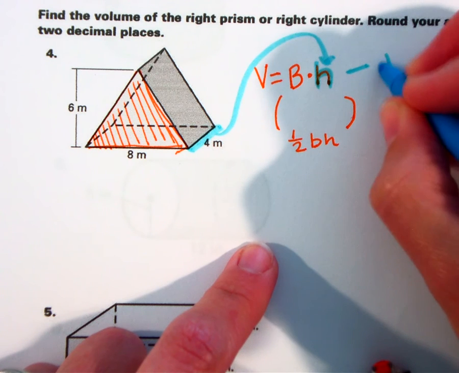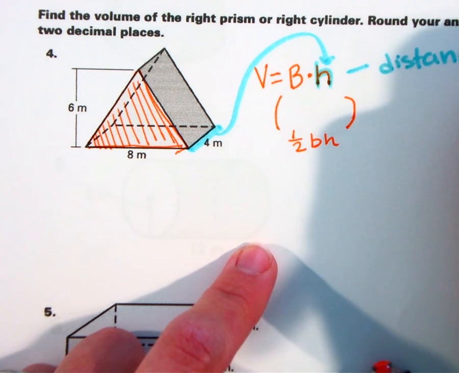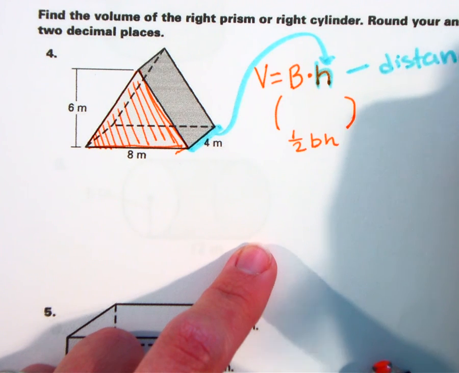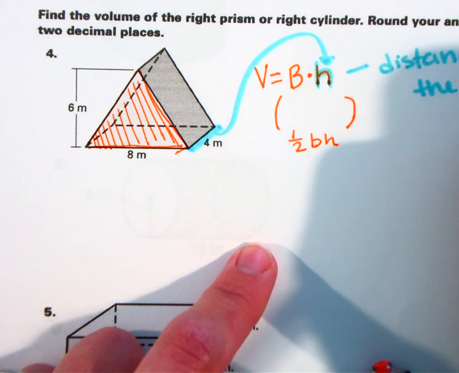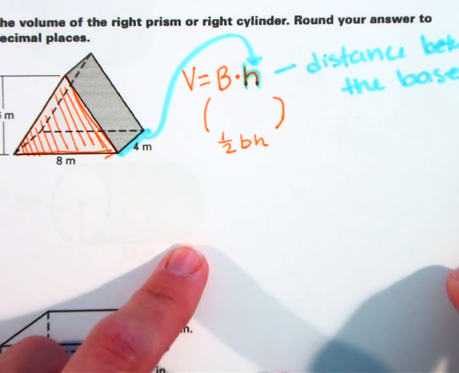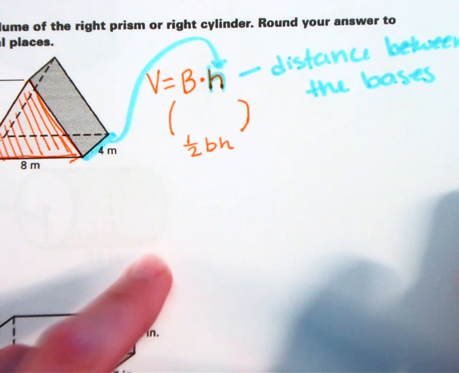So this is actually the height. Remember that the height is the distance between the bases. Distance between the two bases. So that's going to be 4.